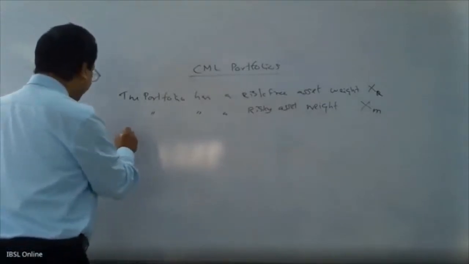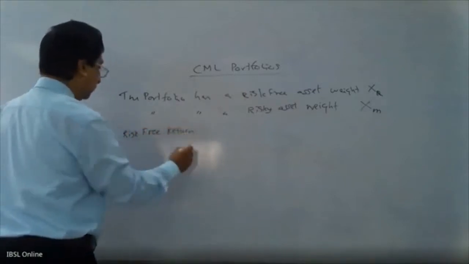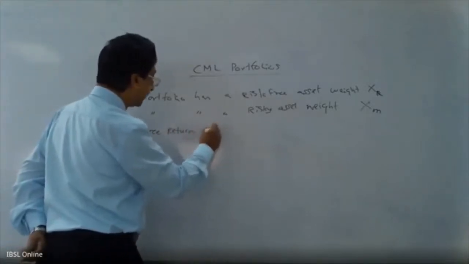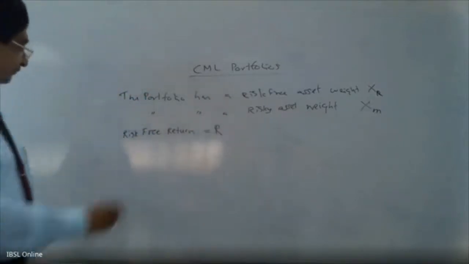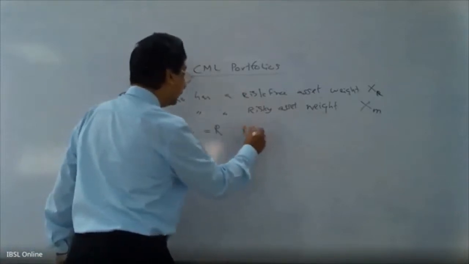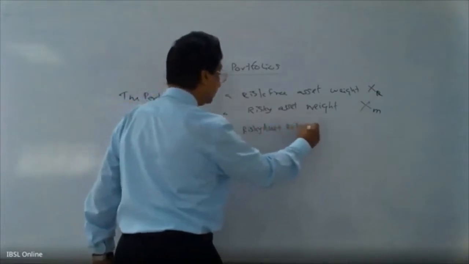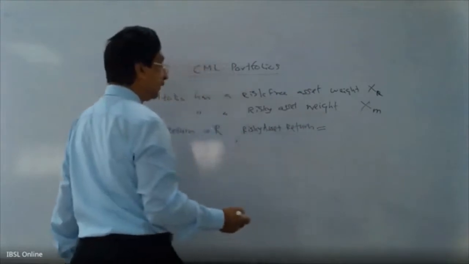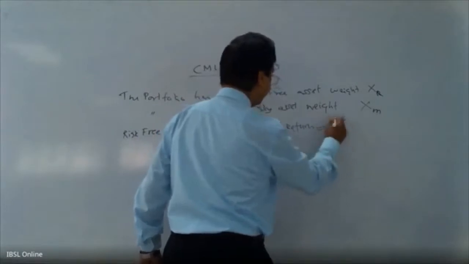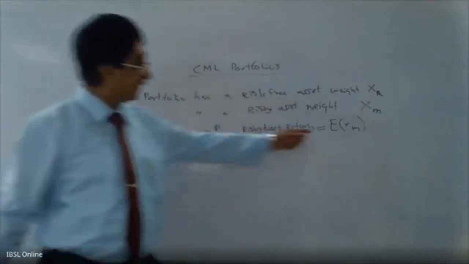Then we can say the risk-free return is R. The risky asset return, how much? We call it RM or ERM. So that is the expected return.